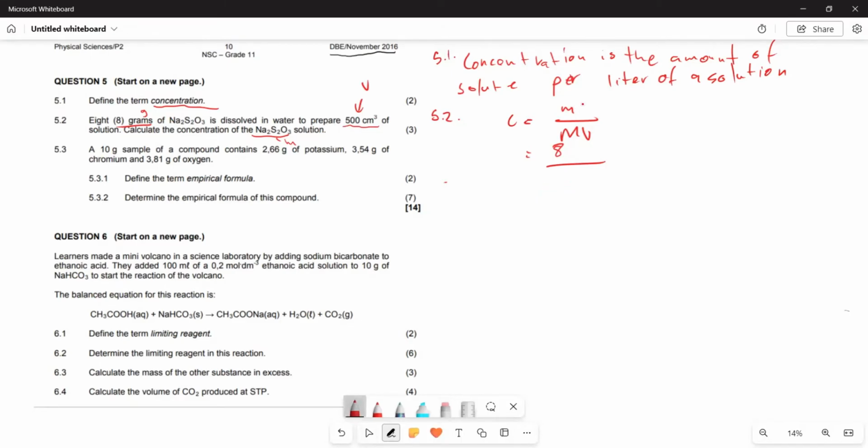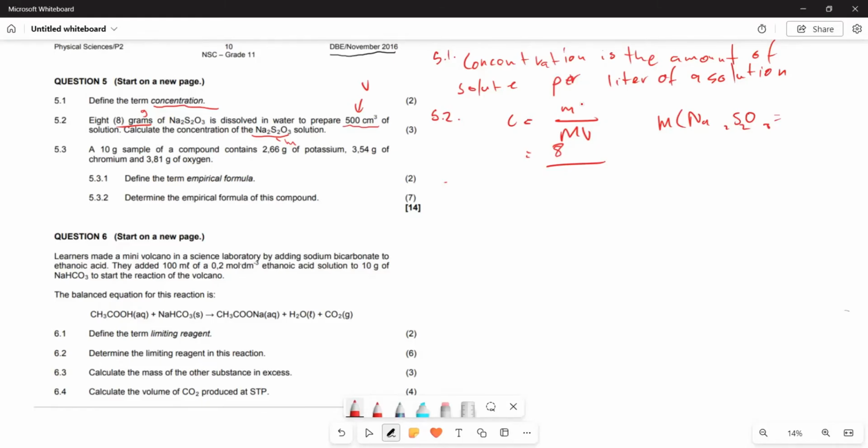So our molar mass for our Na2S2O3 is going to be given by adding these up.